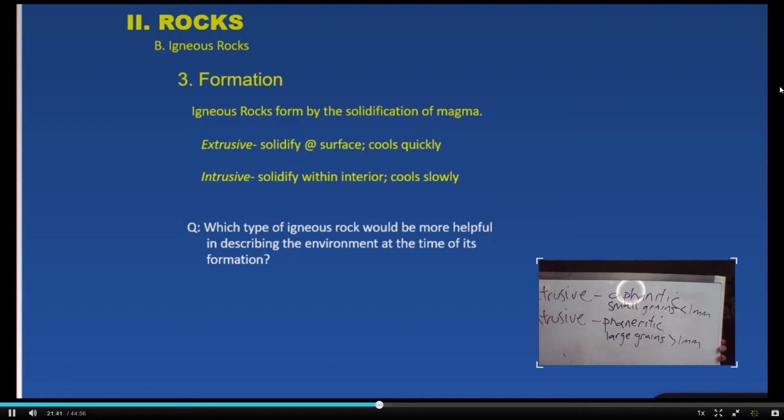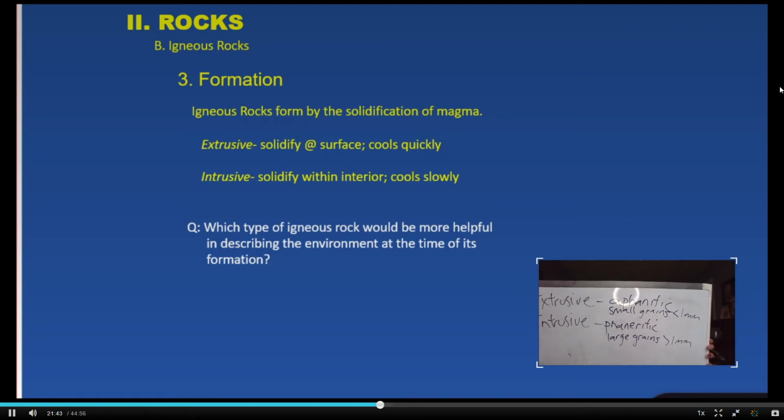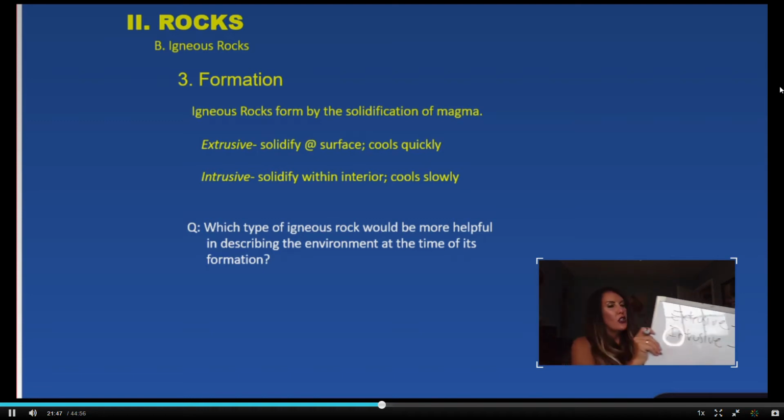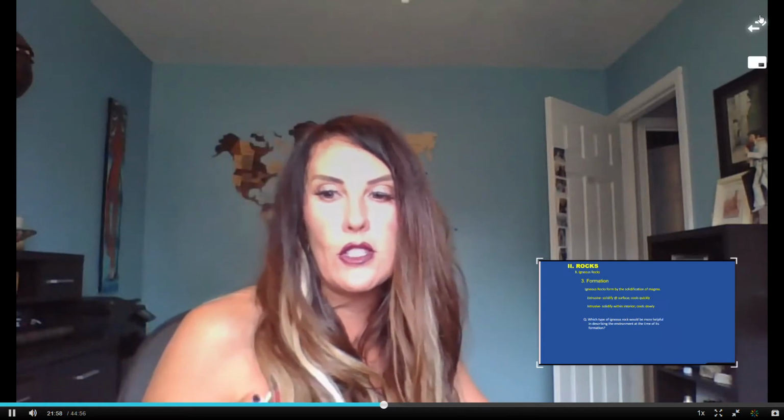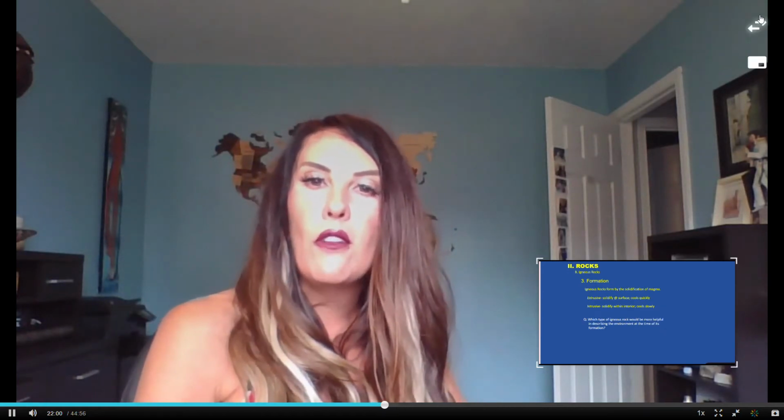Phaneritic and aphanitic. So with the phaneritic rock that forms intrusively, like a granite, you can see the large grains, and those large grains might be different colors to represent the different types of minerals.